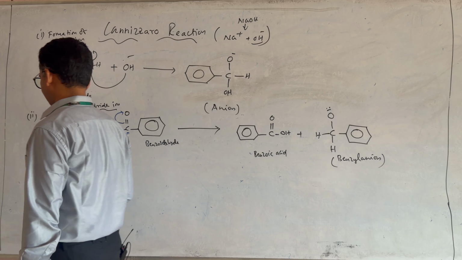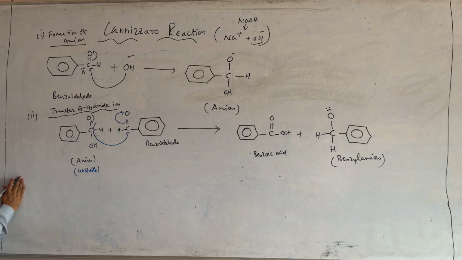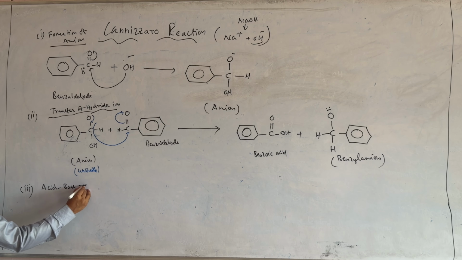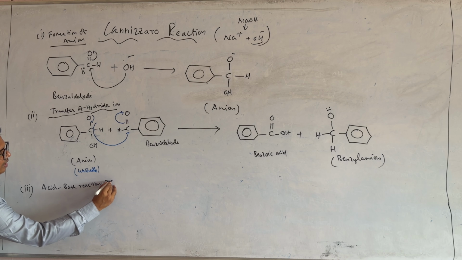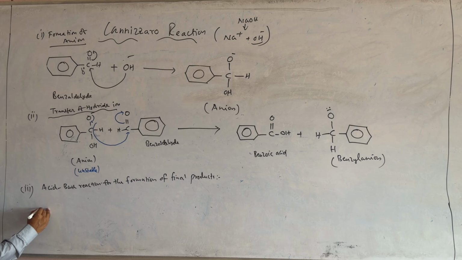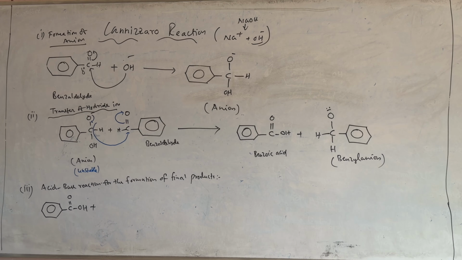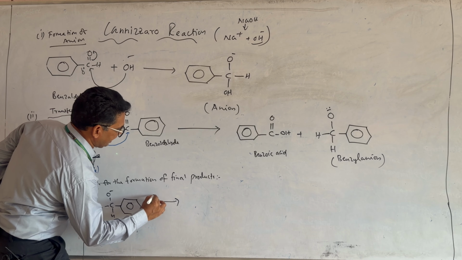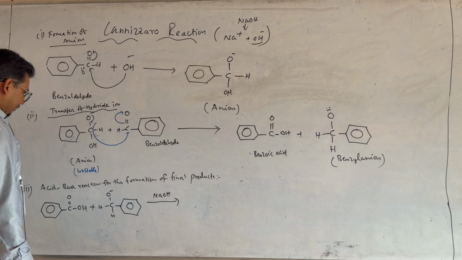Now in the third step, a simple acid base reaction takes place. What name are we giving to the third step? Acid base reaction for the formation of the final product. The same acid which was formed in the second step, along with that benzyl anion, undergoes a simple acid base reaction with whatever alkali we used.